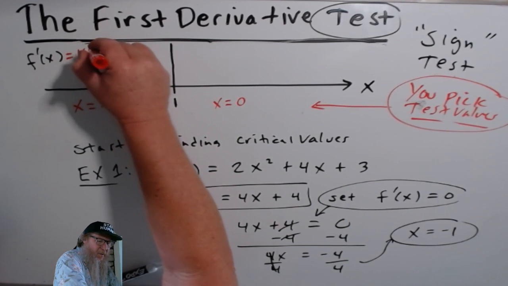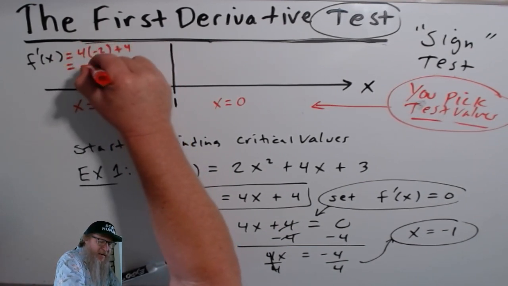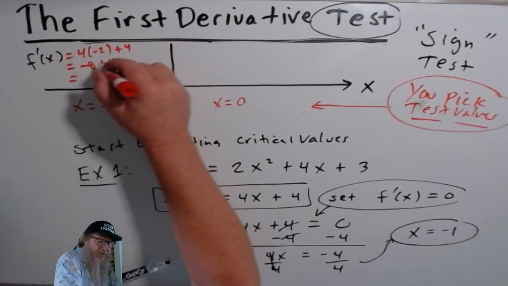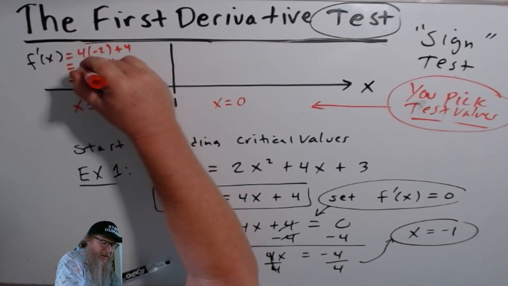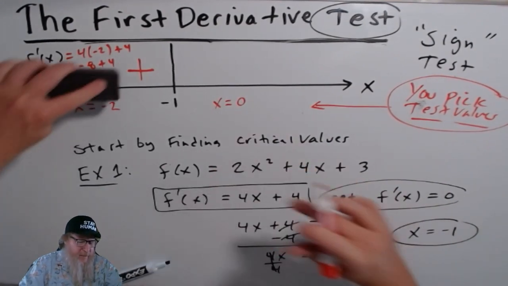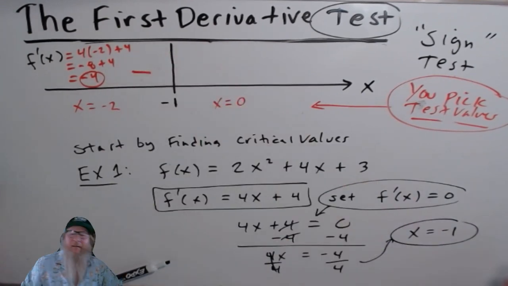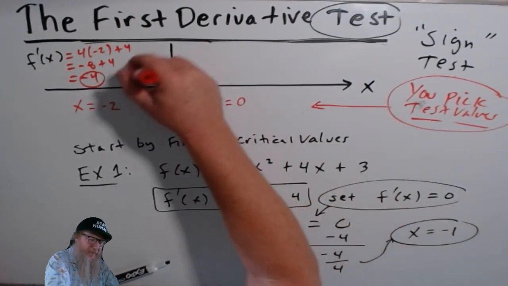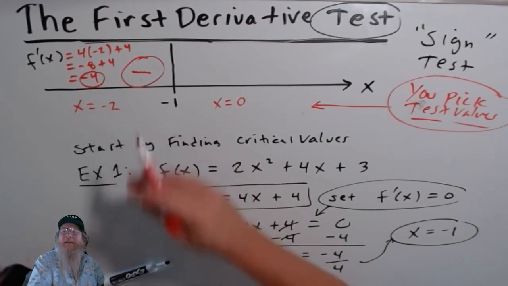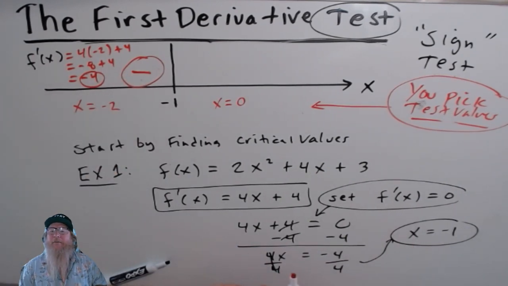So that'll be 4 times -2 plus 4, which is -8 plus 4. And then all you care about is whether it's positive or negative. So this is positive. Oh, sorry. This is definitely not positive. This is negative.